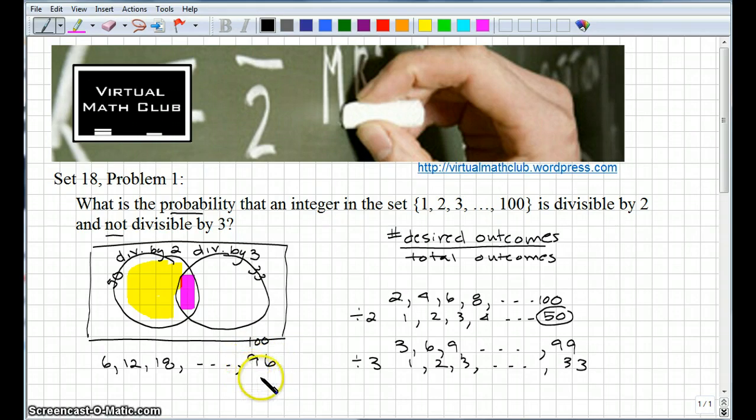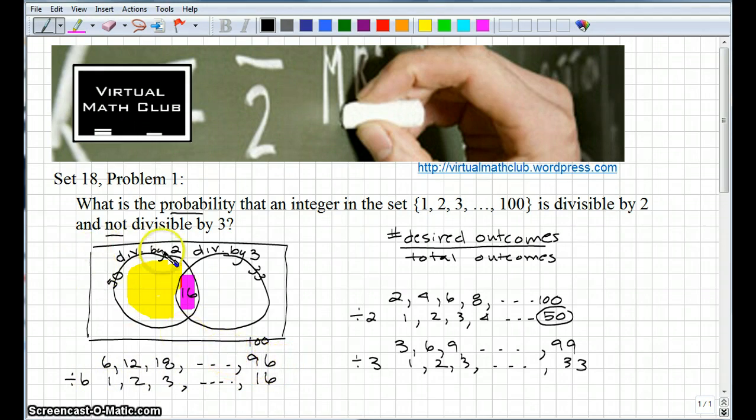Because that would be 16. If we divide all those by 6, we get 1, 2, 3, and 6 into 96 is actually 16. So we have 16 numbers in the intersection, because all of these numbers are divisible by both 2 and 3.